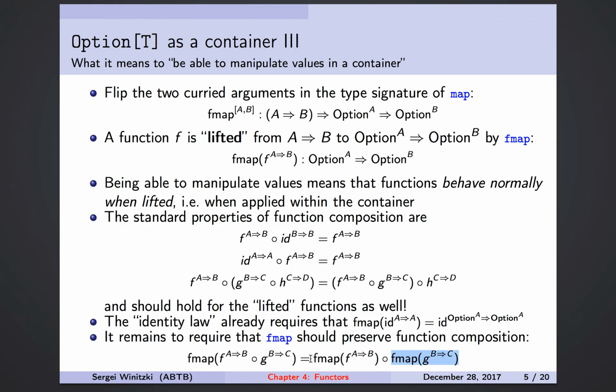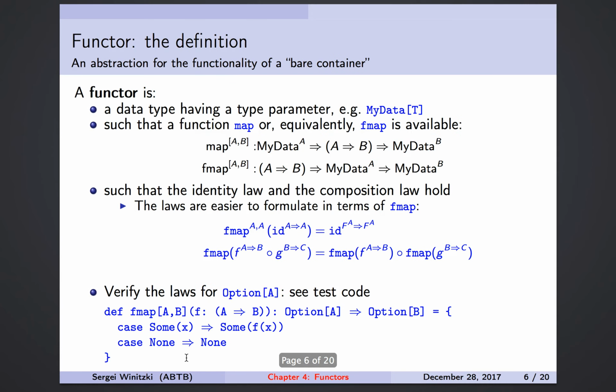So these functions are composed in the original space, and these two functions after Fmap are composed in the lifted space, in the space of the container values. So if we require this much easier property, then these are going to be automatically satisfied, because these are going to be just composition in the lifted space, in the container space. So these are therefore going to be the laws.